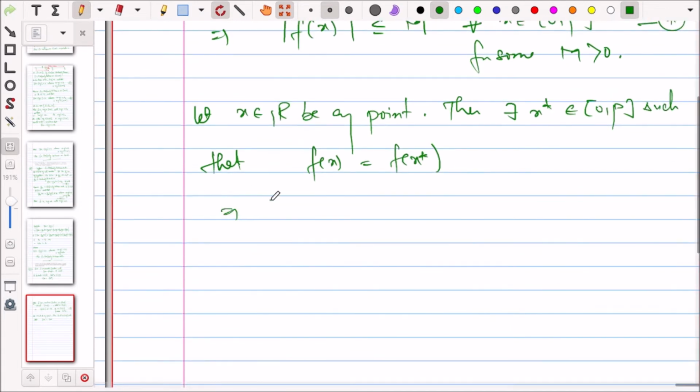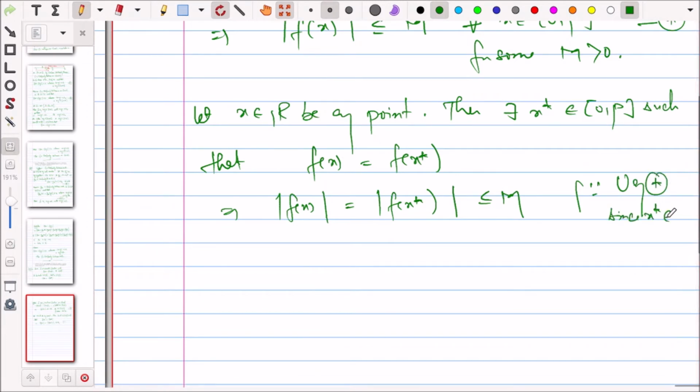So this implies |f(x)| is equal to |f(x*)|, and |f(x*)| is less than or equal to M, using star, since x* belongs to [0, p].